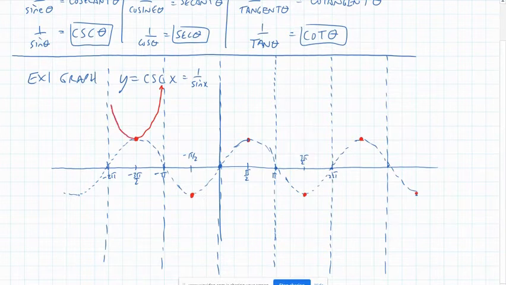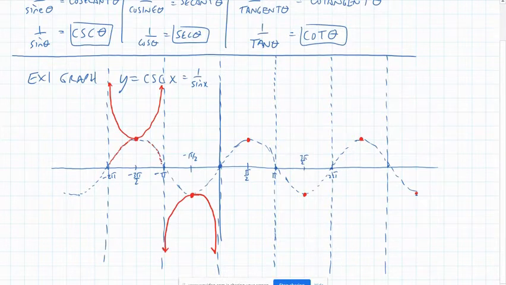And so since it's a reciprocal, when the sine values get small, the y values for cosecant get big. So as we move along here, sine is getting smaller and smaller, meaning a smaller y value, so the cosecant graph gets larger and larger. And we see the same thing here, but with negatives. As sine gets closer to the x-axis, cosecant goes to infinity.